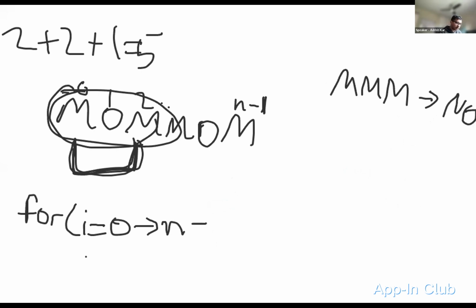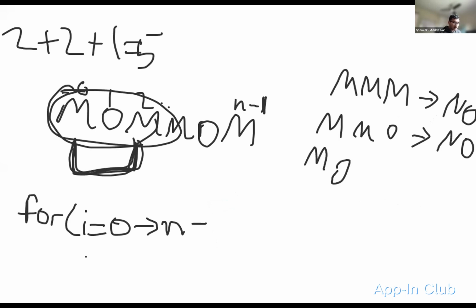If I have the string MMO, is there a way to transform it to the string MOO at the end? There is not again. What if I have MOM? Over here, we can see that it takes one additional operation to toggle this. So this takes one additional operation.